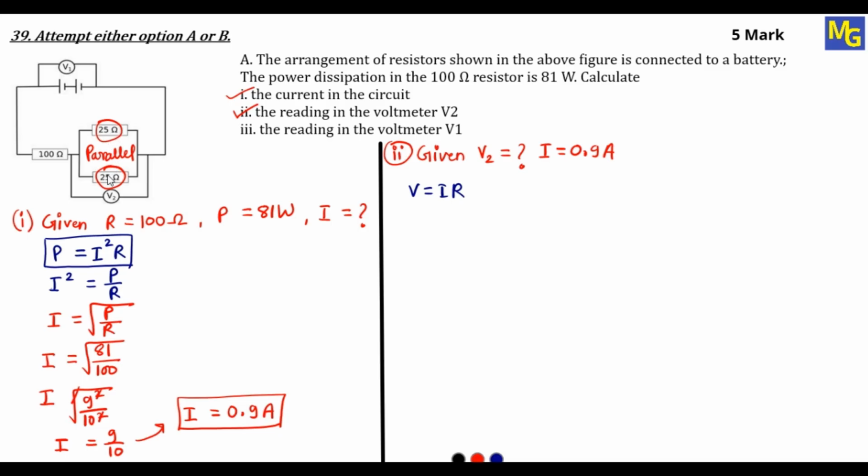To find out the equivalent resistance of these two connected in parallel, first we have to use the formula for parallel connection. So let me solve it on the other side.